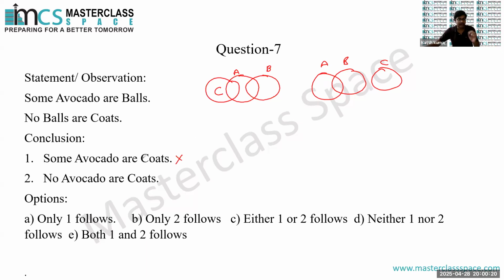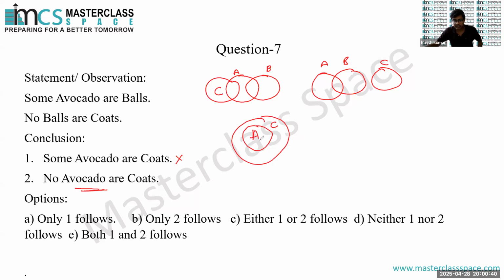The second says no avocado is a code. First of all, we should understand that statement. What is "no avocado is a code"? All avocados are codes means avocado should come inside codes.